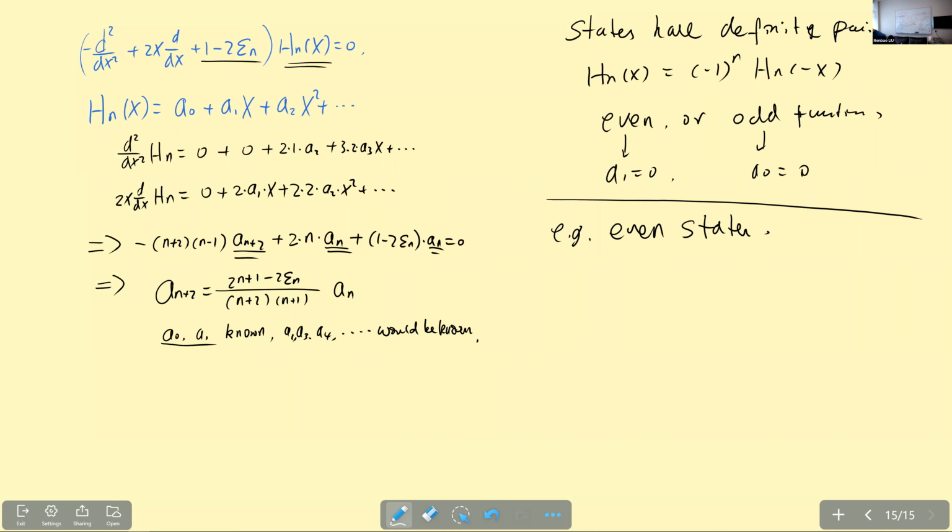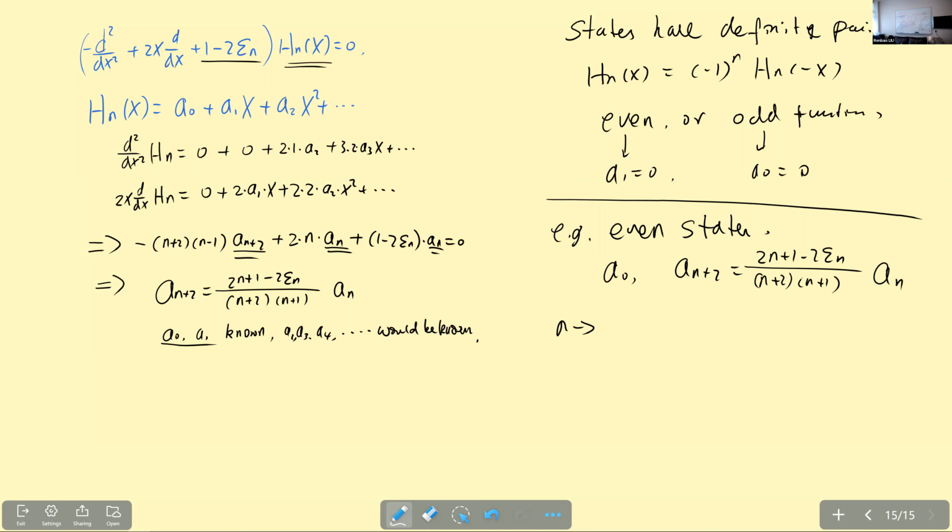So we can have a0, and then a_{m+2} equals (2m plus 1 minus 2 epsilon) divided by (m plus 2)(m plus 1), times a_m.